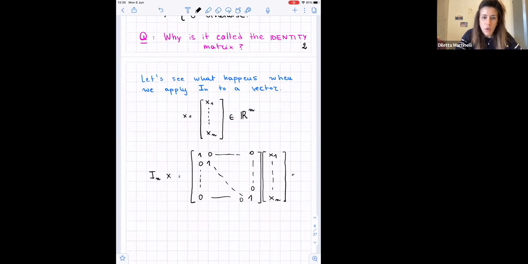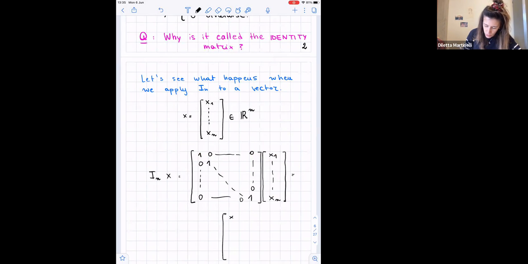Great, exactly. As Amara said, it's called the identity matrix because if we apply it to a vector, what we get back is exactly the same vector. And how do we compute that? Do you remember how we computed the product between the matrix and the vector? We take the first row and take the inner product with the vector. So we multiply each component, 1 times x1, and then all the rest are 0.